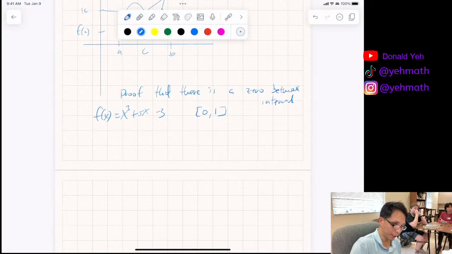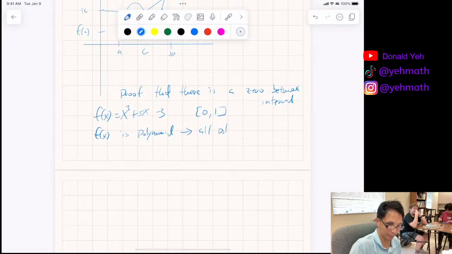Then guess what? All you gotta do is say f of x is a polynomial, and all polynomials are continuous. It doesn't matter which kind of polynomial, quadratic, cubic, all polynomials.